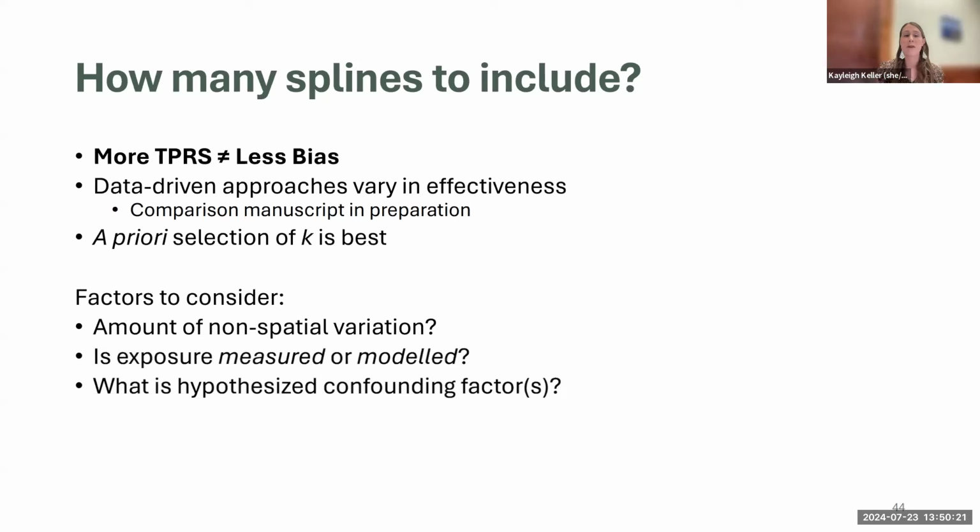That's actually something for the Gateway that I'm working on, trying to estimate, from all of these different global models, what is the spatial scale of variation in the exposure? And so we want to stay under that amount of variation when we add splines to a model. So it's really thinking about these different questions, and then trying it out and seeing what happens.